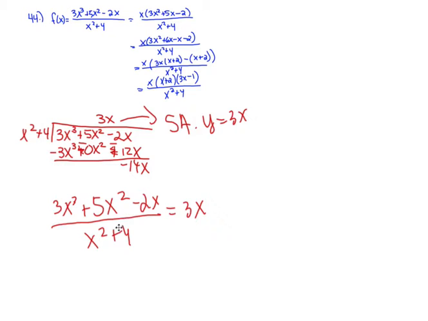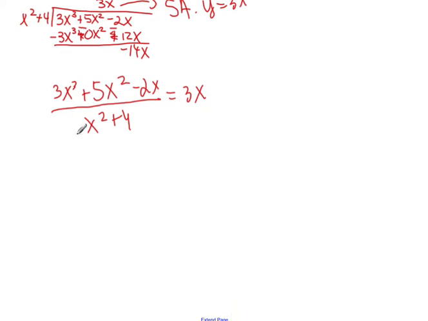Now I'm going to multiply both sides of my equation by x squared plus 4. And I will get 3x to the third plus 5x squared minus 2x equals 3x to the third plus 12x.